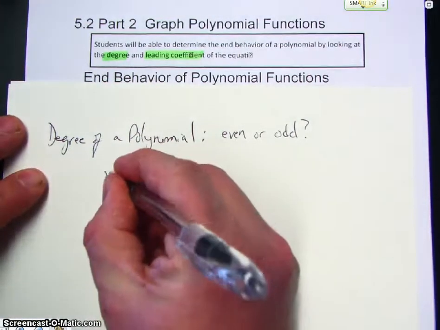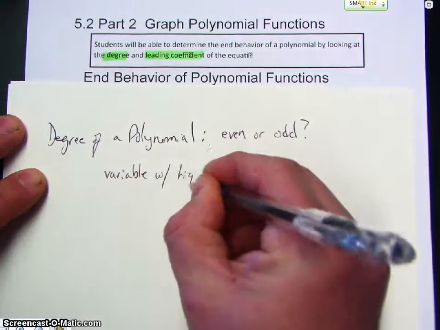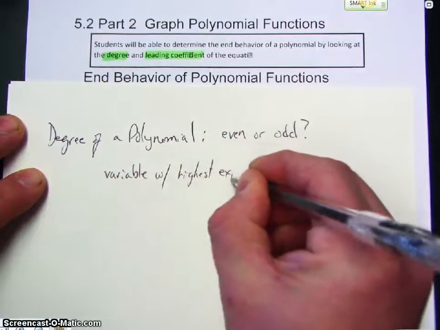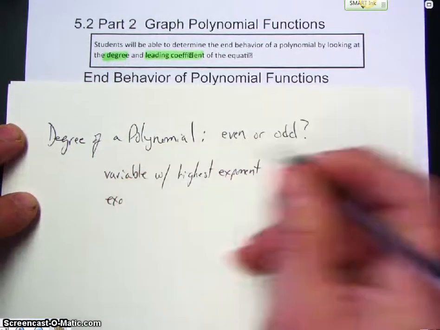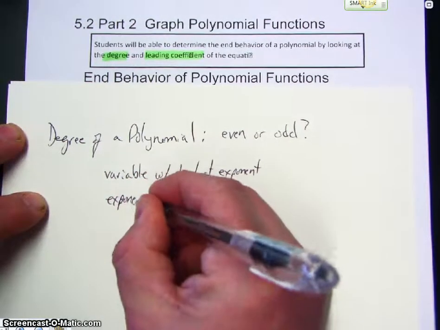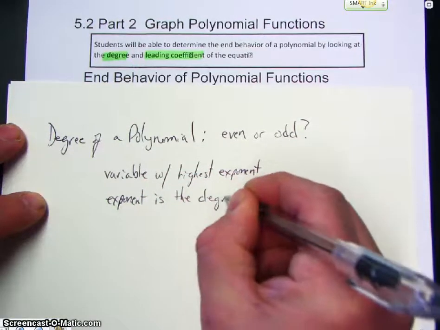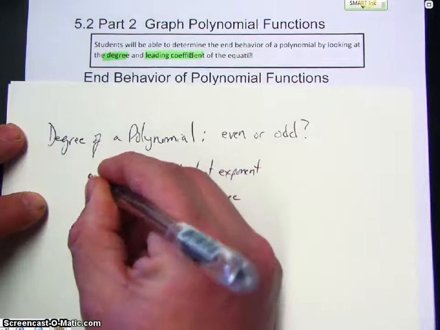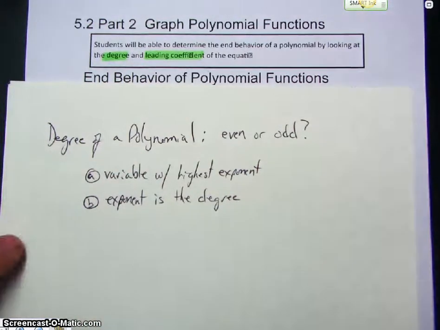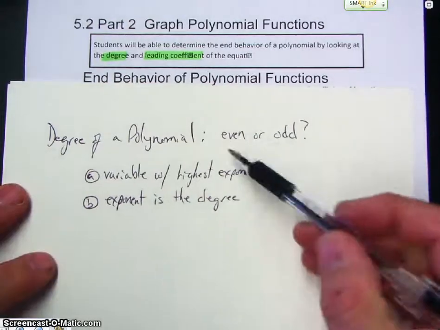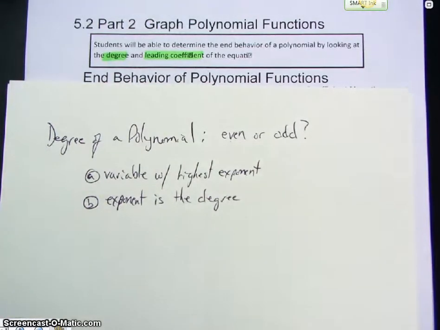You look at the variable with the highest exponent, and that exponent is the degree. Once you know that, then even or odd will help give us some information on the end behavior.